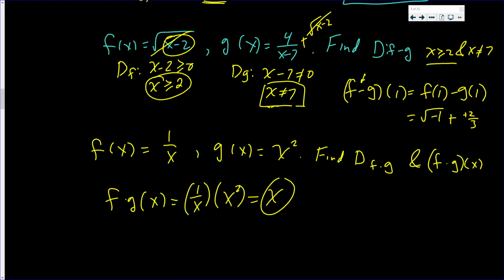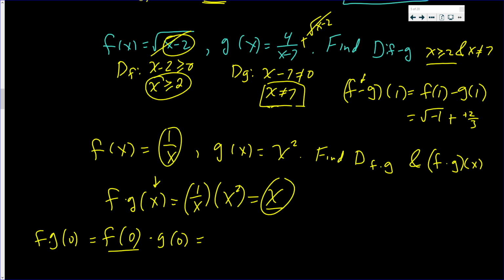So you may say, oh, f times g is just x, so I can put any number in. No, you can't, because fg of 0 is equal to f of 0 times g of 0. F of 0 is 1 over 0. G of 0 is 0 squared. I don't know what that is.